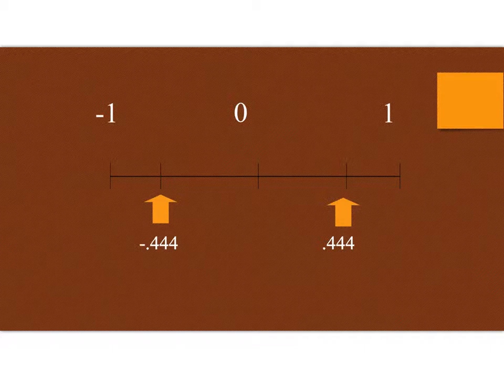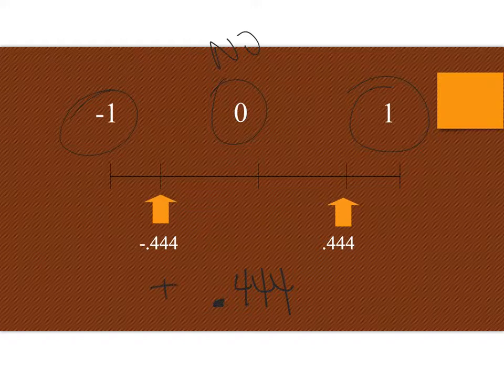Again, now we're back on that same number line. Here's your -1. Here's your +1. Okay? Down here, you have 0, which is no correlation. So let's say I get a number of 0.444. Okay? It doesn't matter whether it is positive or negative. This number right here and this number right here are exactly the same.